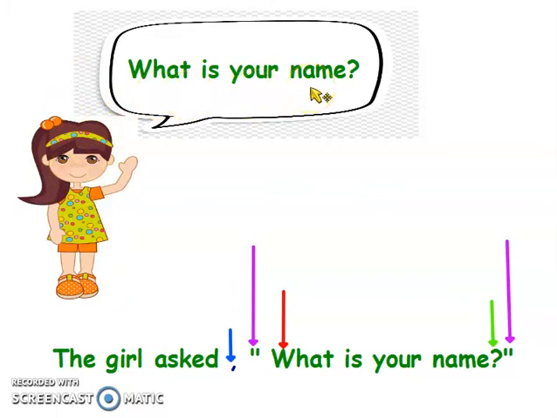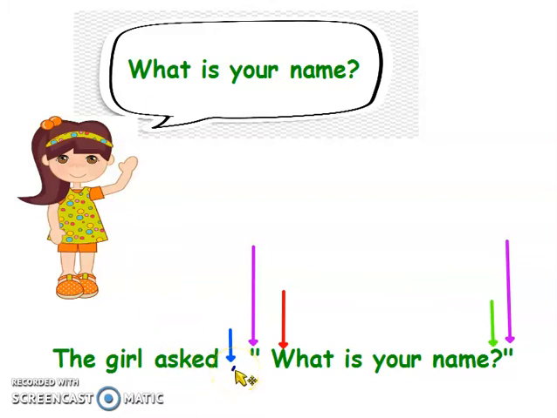Now I will write these words again using quotation marks, and I will focus on the important rules for quotation marks. Let's start. Here we have the name of the speaker, the girl, and the verb asked, because she is asking.